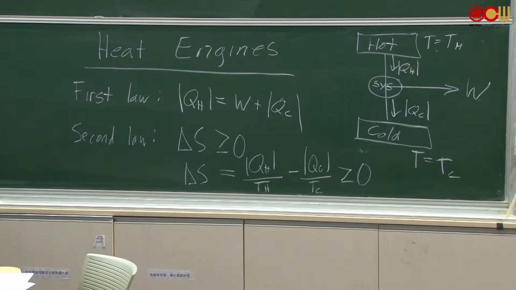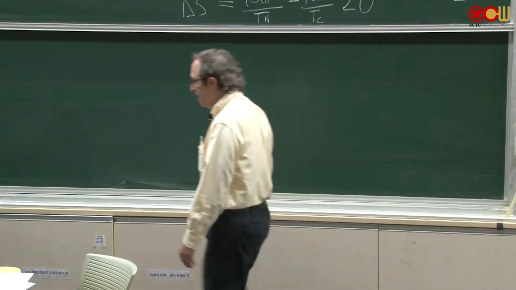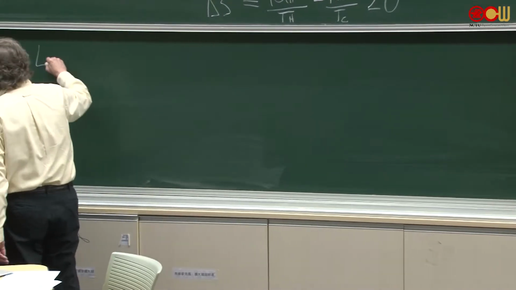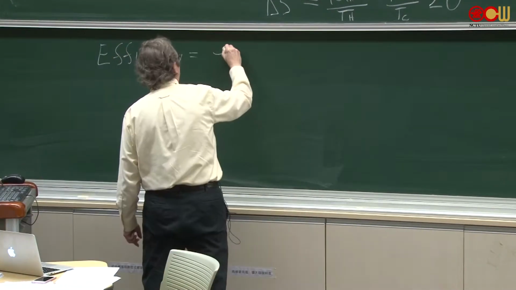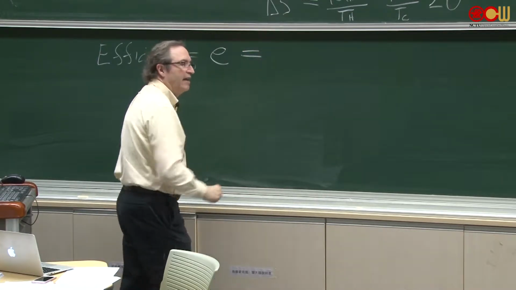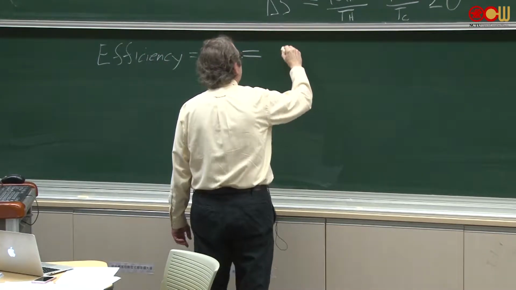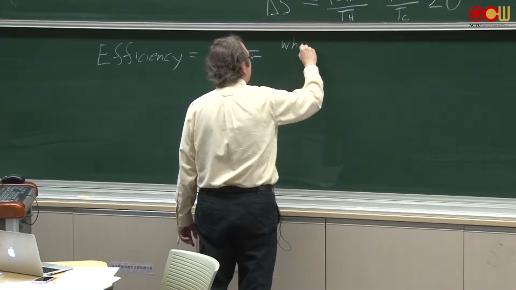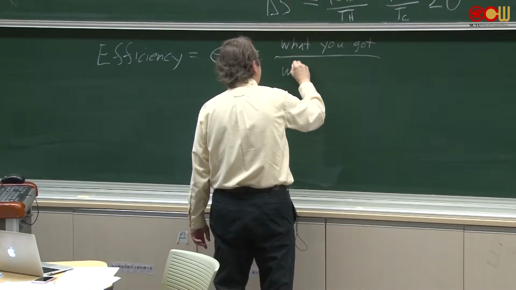All right, so we wanted to know how good we've done. How good is this? All right, so let's figure it out. We have to figure out the efficiency of the engine. So the efficiency E is equal to what you got divided by what you put in.